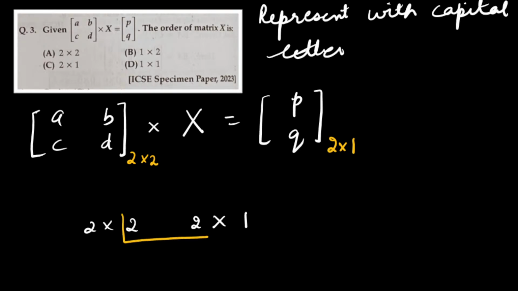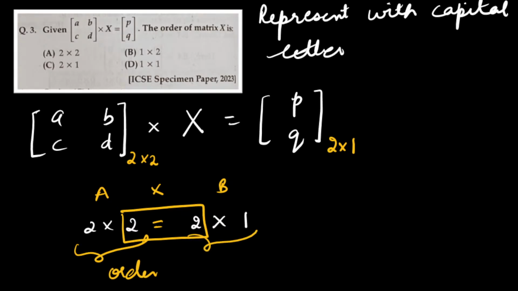For matrix multiplication, the middle numbers should be equal. Suppose this is some matrix A and this is some matrix B. I have to check whether I can multiply these two or not. This is the order of matrix A and this is the order of matrix B. So the number of columns of A is equal to the number of rows of matrix B, which means it's possible.